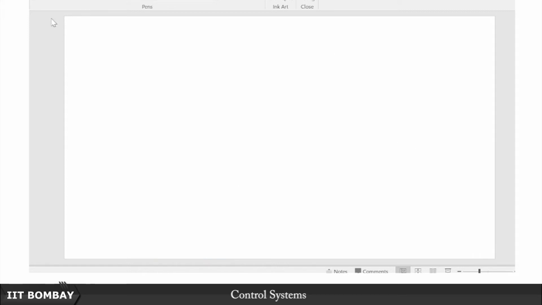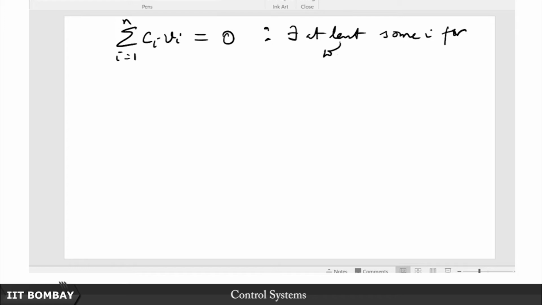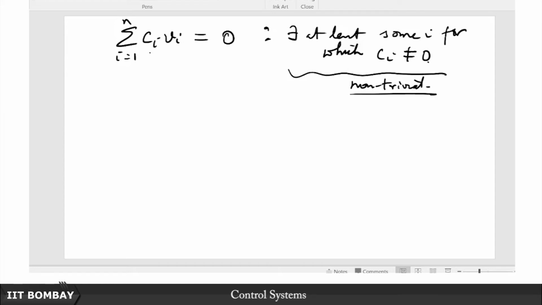So basically you take the summation of Ci Vi, i going from 1 through n, equal to 0, such that there exists at least some i for which Ci is not equal to 0. That is called a non-trivial combination. If you put all the Ci's equal to 0, then you will have equality by default, it is like an identity. If you take Ci equal to 0 for all i, then it is 0 on the left, 0 on the right.